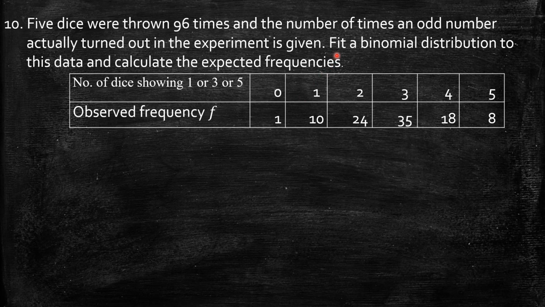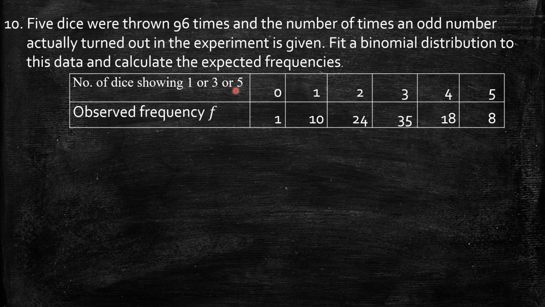Now we have to fit a binomial distribution to this data and calculate the theoretical or expected frequencies. In the last slide we took the help of the mean. First we got the mean, then we got the probability of success. Here, since it is simple, we can directly get the probability of getting 1 or 3 or 5 in each trial.